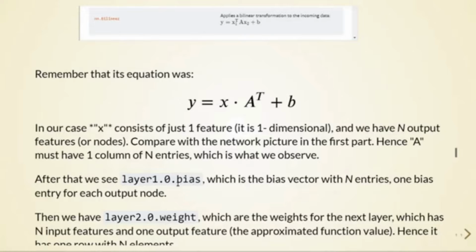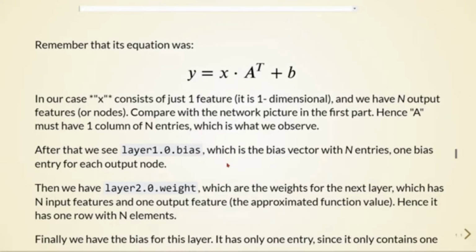After that, we see layer 1 bias, which is the bias vector with n entries, or one bias entry for each output node. And then the layer 2 weight, which are the weights for the next layer, which has capital N input features and one output feature. So this is the approximated function value. Hence, it has one row with capital N elements.